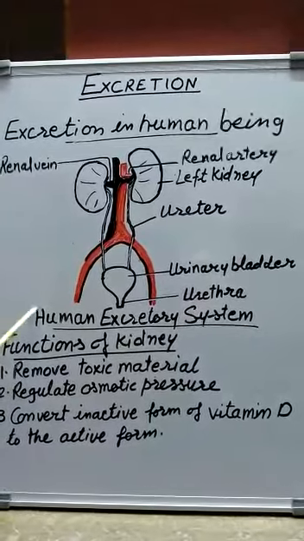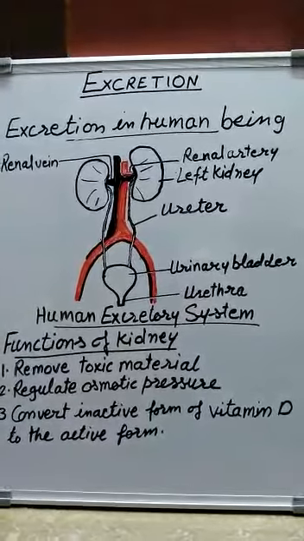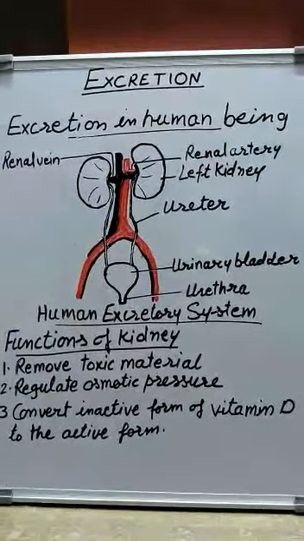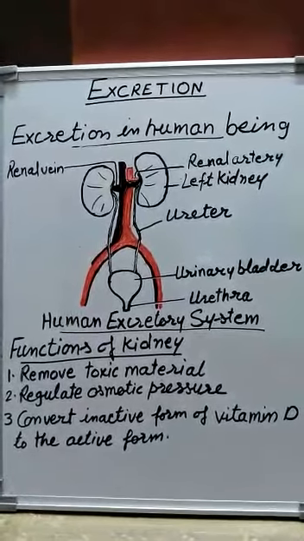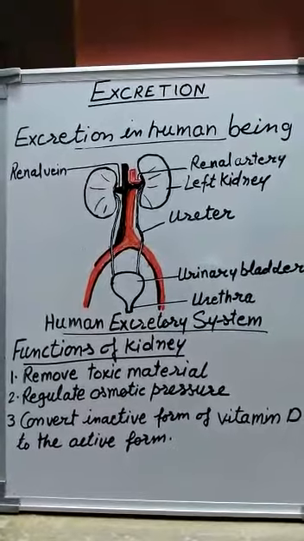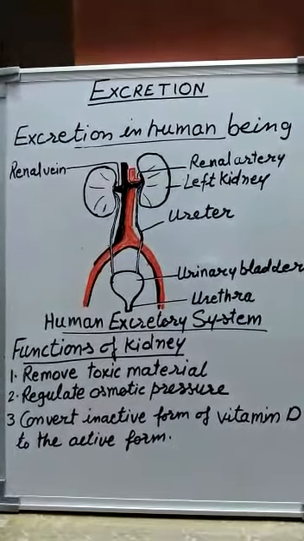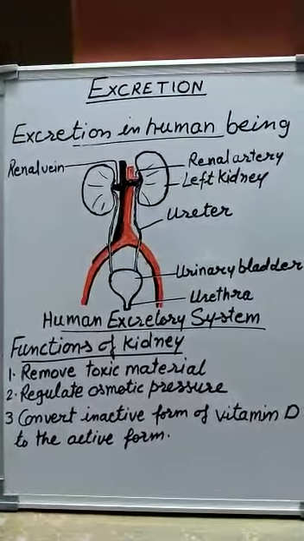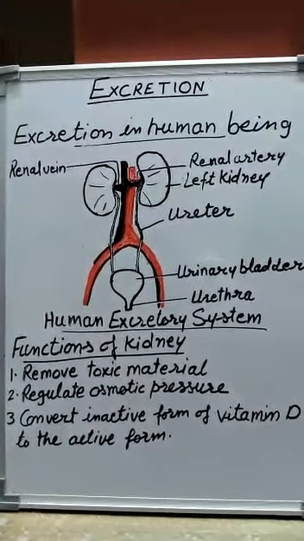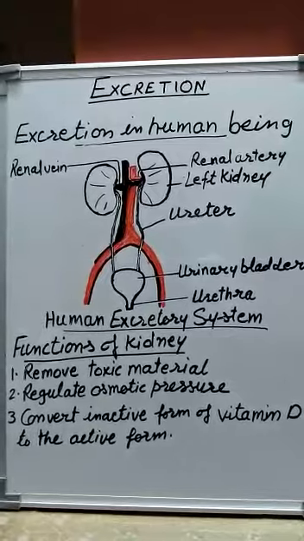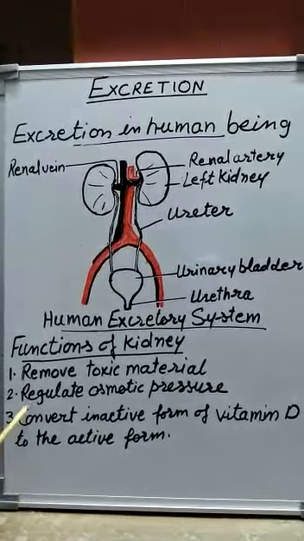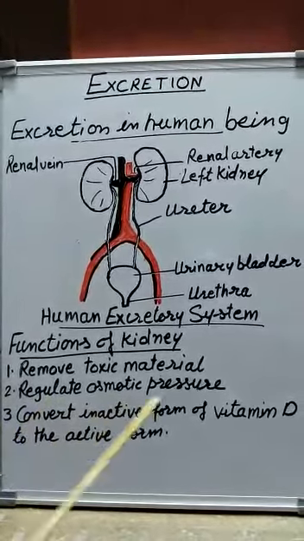Now, main functions of the kidney. The main functions of the kidney are, the first one, it removes toxic material from the blood. Other than toxic material, if excess water is there, then that is also removed. Then it regulates osmotic pressure.